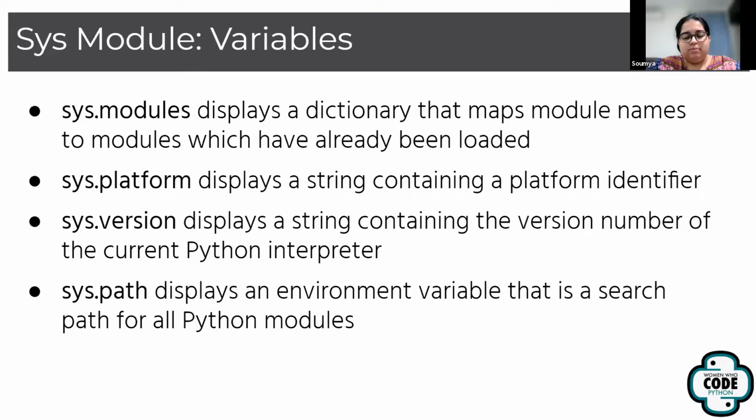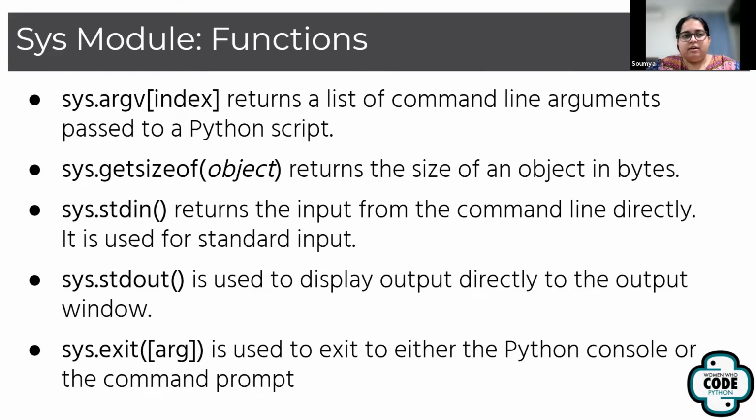And then we have a couple of functions that we can use. We have sys.argv, like I mentioned before. When you run a Python file in the command prompt, for example, you can also give command line arguments right there.